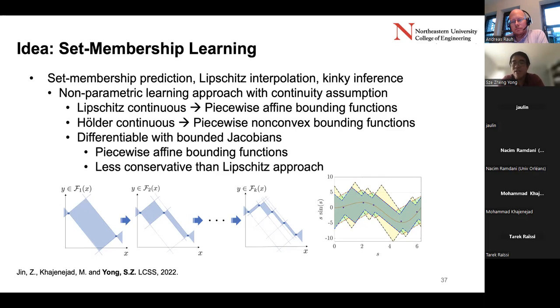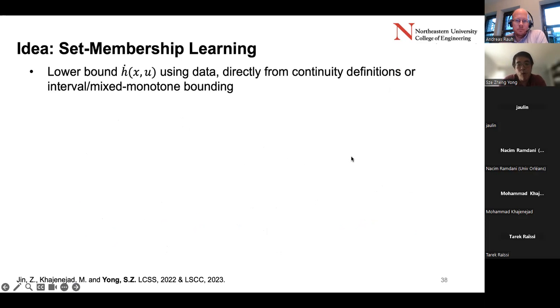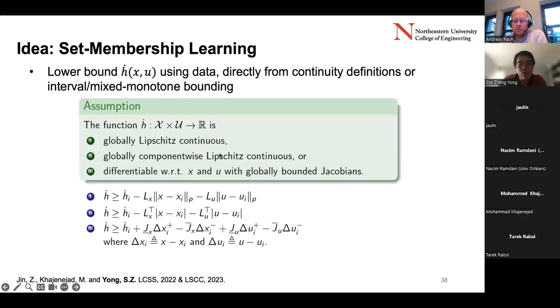Lipschitz continuity, you're right, is a pretty strong assumption, which is why people tend to go with component-wise Lipschitz constants, where for each dimension the Lipschitz constant is different. Then that is slightly less conservative.